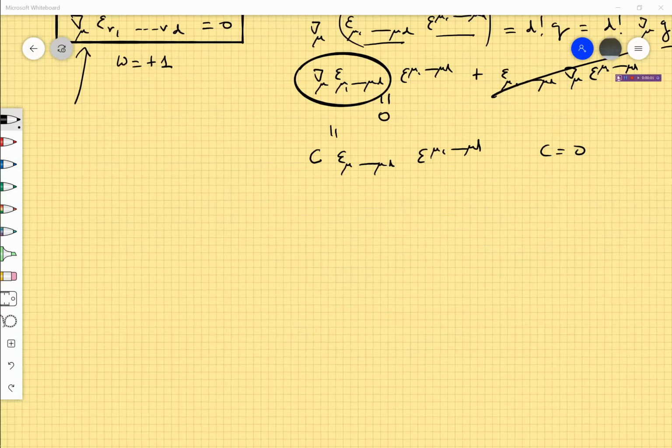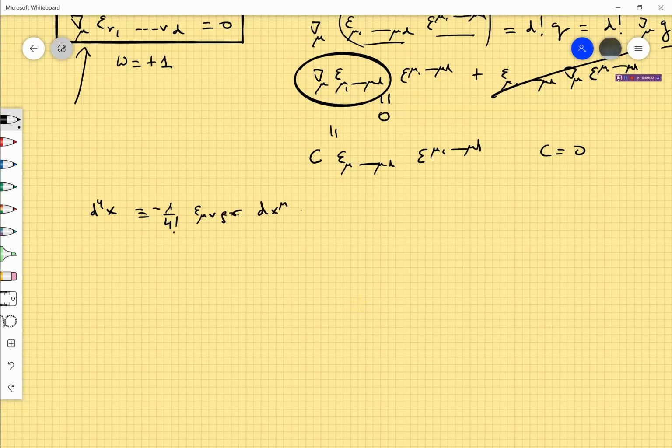Remember that in the special relativity case, that is the Minkowski metric, we use the Levi-Civita symbol to construct the Poincaré invariant volume element for integration. We defined d^4x as 1/4 factorial with a minus sign that corresponded to the sign of the determinant of the metric, epsilon mu nu rho sigma, dx^mu dx^nu dx^rho dx^sigma in this case.